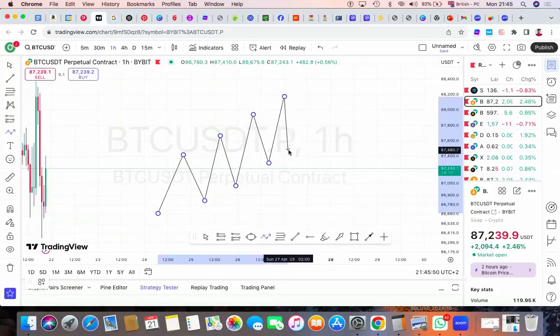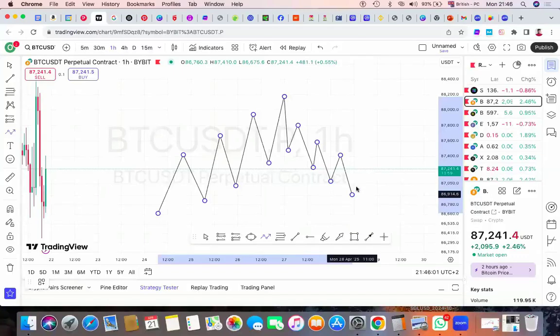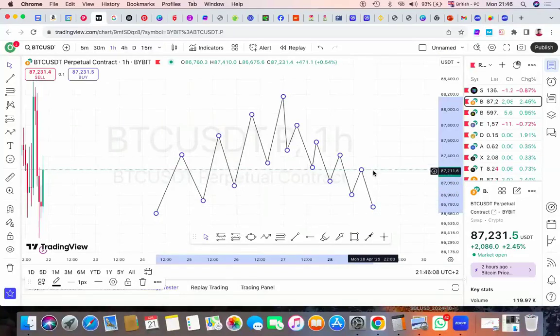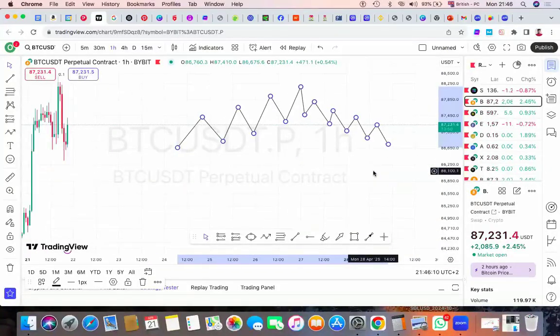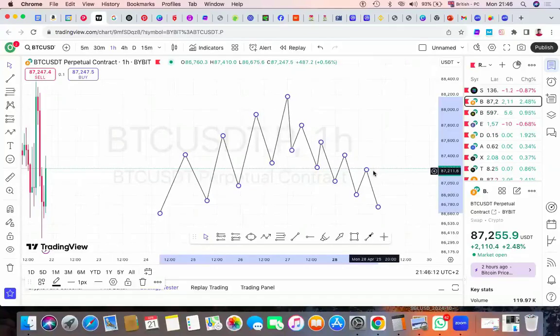And at times it comes like this, and it comes again, and it comes again. I will give a real life example before we dive into this.